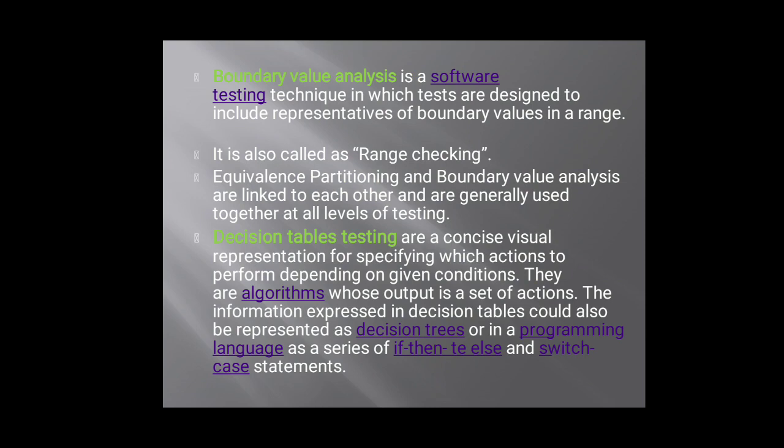Decision tables are a concise visual representation for specifying which actions to perform depending on given conditions. They are algorithms whose output is a set of actions. The information expressed in decision tables could also be represented as decision trees or in a programming language as a series of if, then, else and switch case statements.